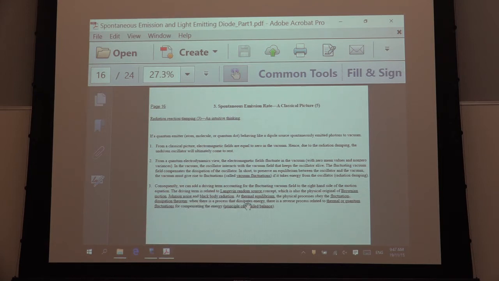When there's a process that dissipates energy, there's a reverse process related to thermal or quantum fluctuation that compensates the energy. The two processes obey the detailed balance. This is the fluctuation dissipation theory.